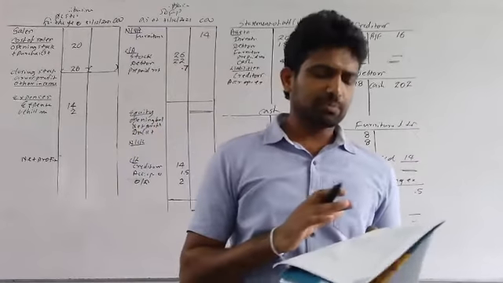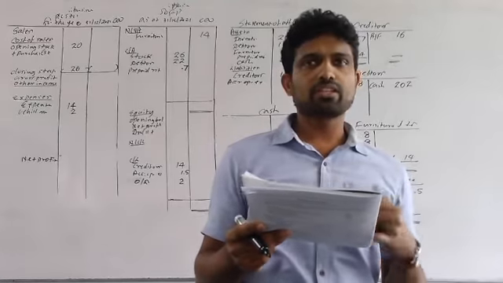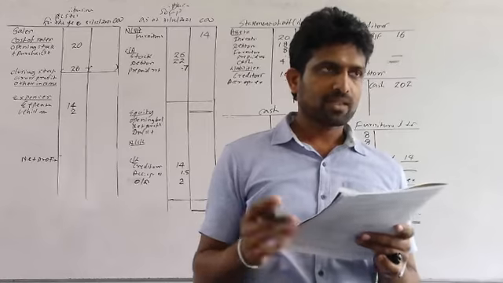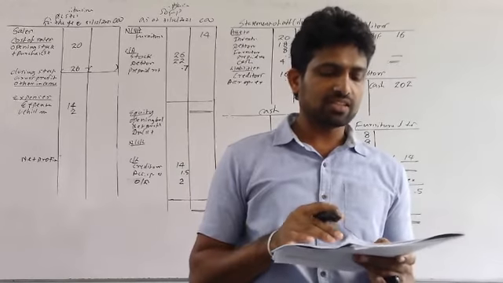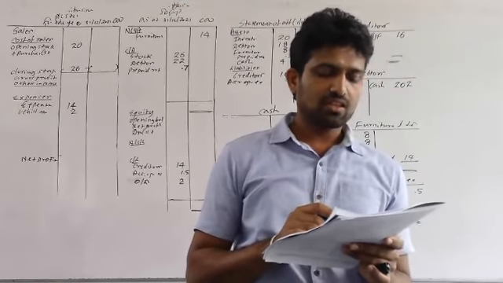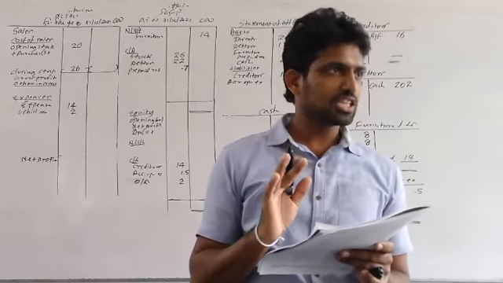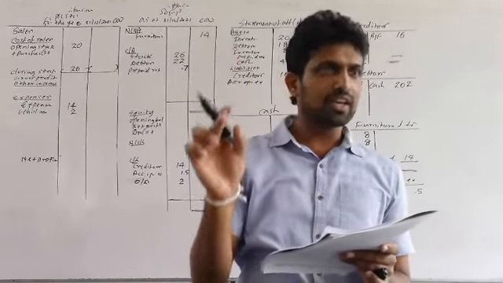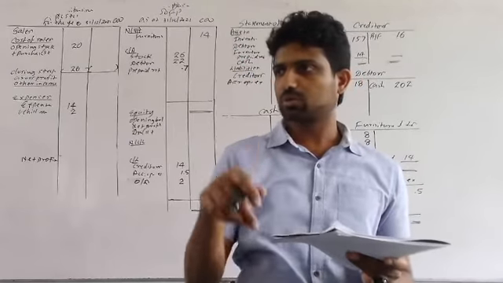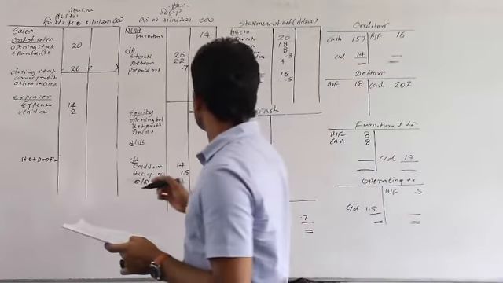Now I think it's better if we first solve this part. We have given 20,000 to the cashier for some payments. When we gave him 20,000, he gives us the details. Paid vehicle running expenses 2,000, purchase of furniture 8,000 and cash purchases 3,000. Altogether 13,000 he has paid. Therefore 7,000 should remain, but 3,000 is remaining. Another 4,000 is missing. That should be drawings, so take that 4,000 as drawings.